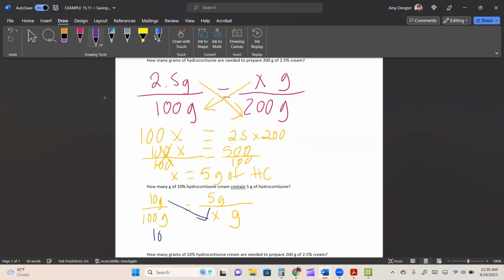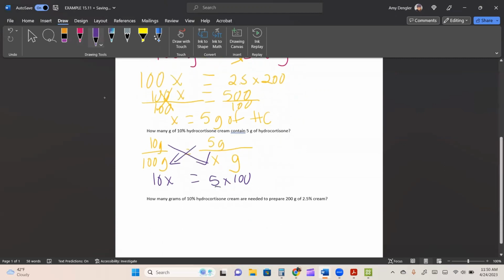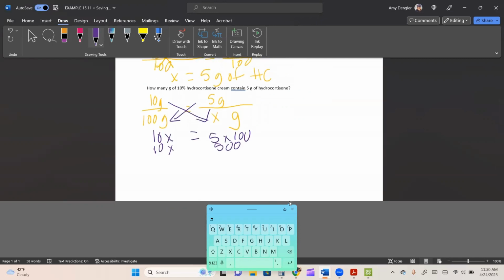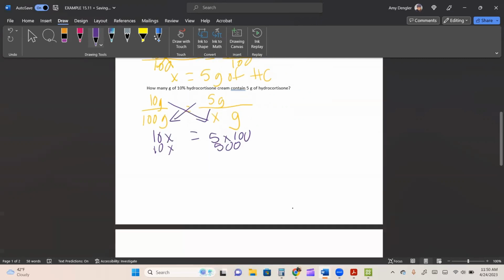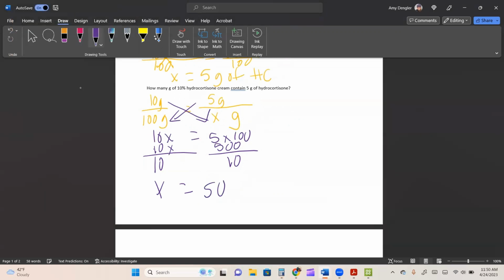So we'll do 10X is equal to 5 times 100. So 5 times 100 is 500. 10X. So we want to get X alone, so we're going to divide each side by 10. So 500 divided by 10 is 50.